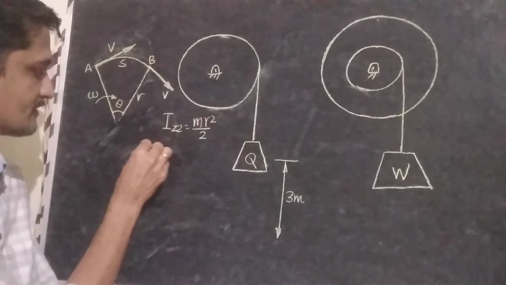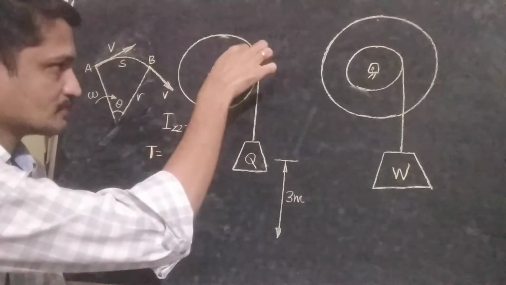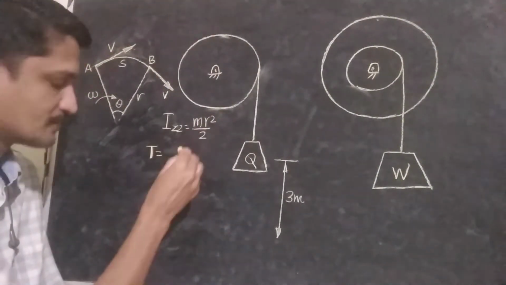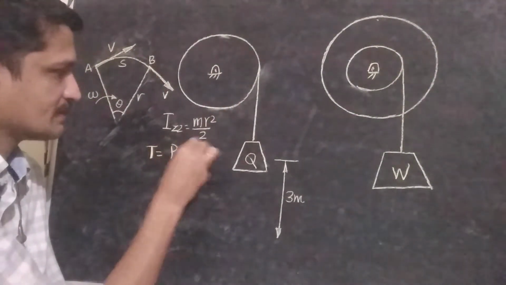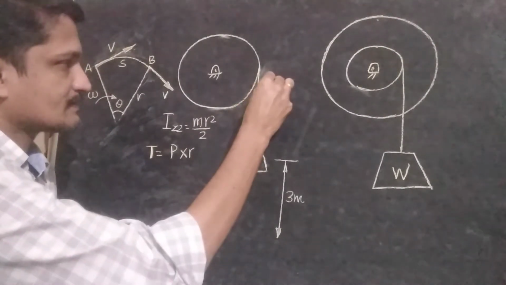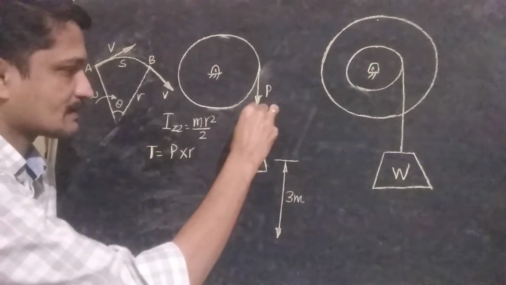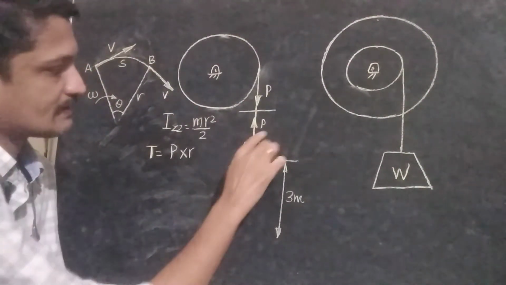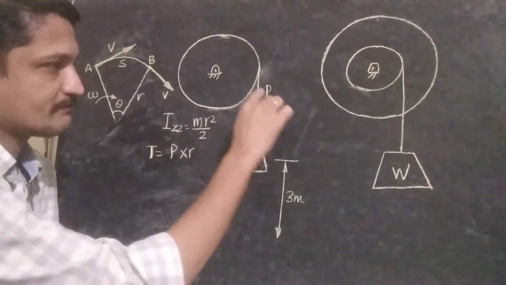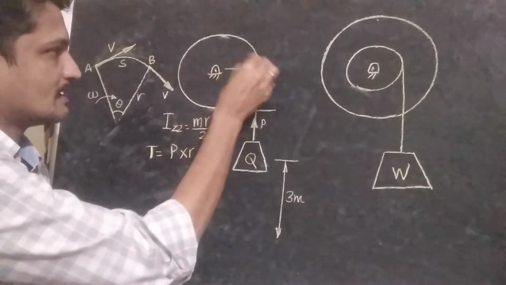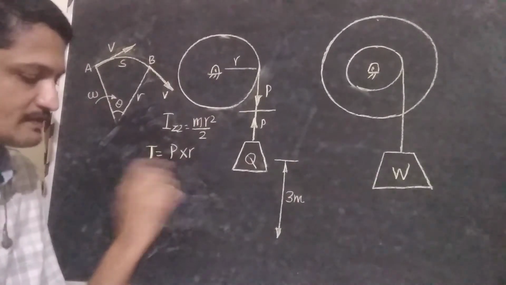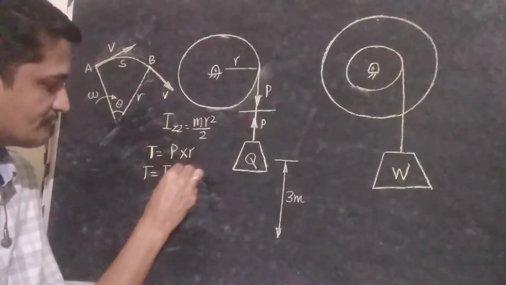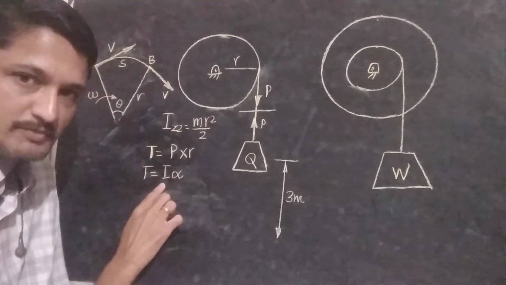Then the torque required for the rotation of this disc is equal to P into R, where P is this force. We cut this string here, developing a tension P in the cord like this, and P into R is the torque. Already we discussed this torque as I alpha, where I is the mass moment of inertia.